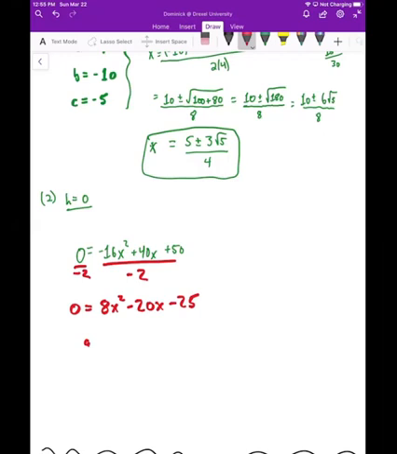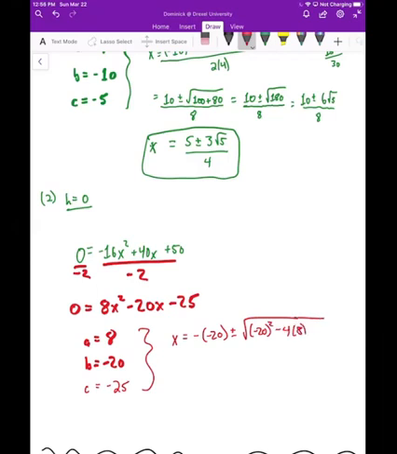So now my a is 8, my b is negative 20, and my c is negative 25. So in the quadratic formula, we get x is equal to negative 20 plus or minus b squared, so negative 20 squared minus 4 times 8 times c, negative 25, all over 2 times 8.